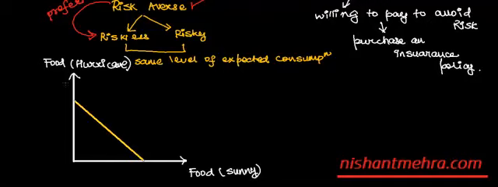This is your line of constant expected consumption. So I'll just write this for you. Constant expected consumption, right? Constant expected consumption.